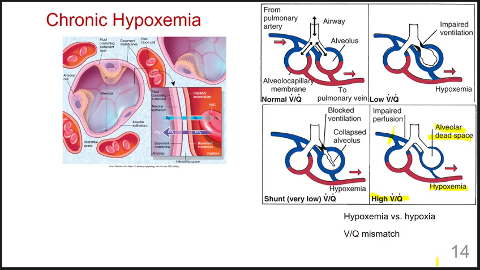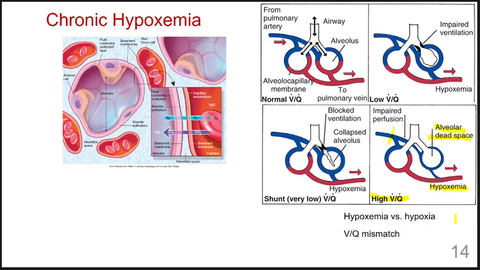But I want you to appreciate that in cases of emphysema, if the alveolar wall is destroyed, then even if there's normal oxygen or ventilation reaching the alveoli, it can't get into the blood anyways. So ventilation is high, but perfusion is affected.